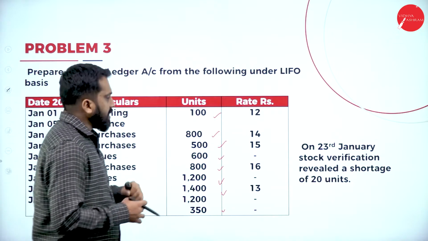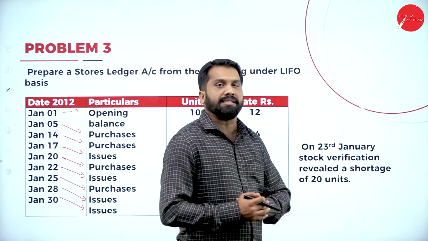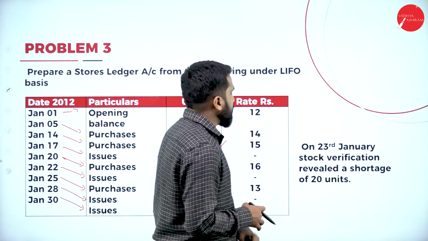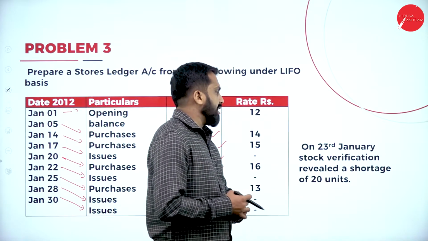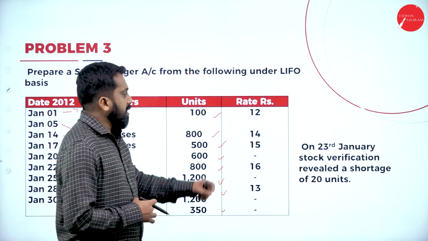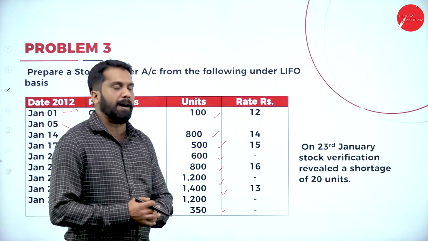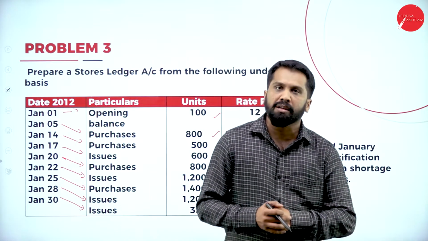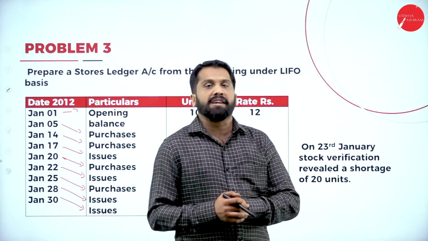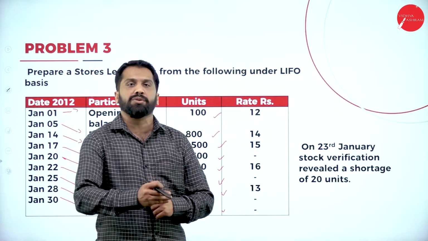Along with this, they have given an adjustment also. What is that adjustment? On 31st January, stock verification revealed a shortage of 20 units. Shortage of 20 units means we call it an issue.